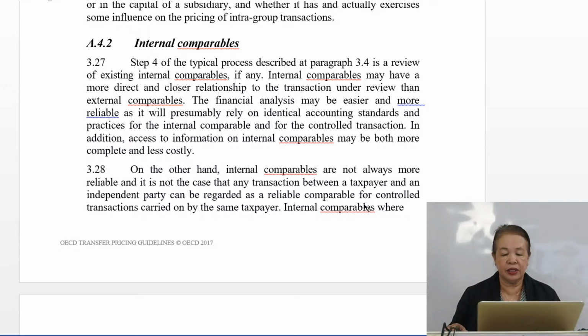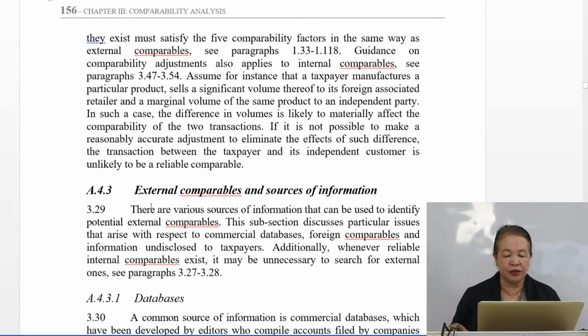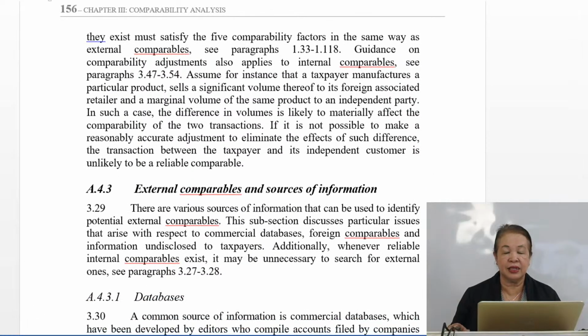So internal comparables, where they exist, must satisfy the 5 comparability factors in the same way as external comparables. See paragraph 1.33, 1.118. So guidance on comparability adjustments also applies to internal comparables. See paragraph 3.47, 3.54.